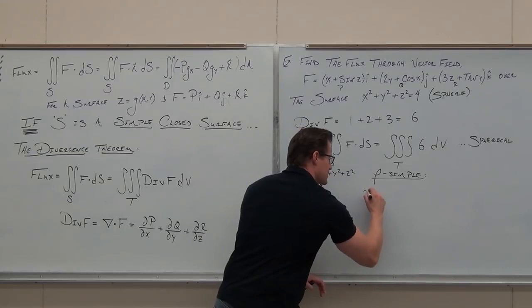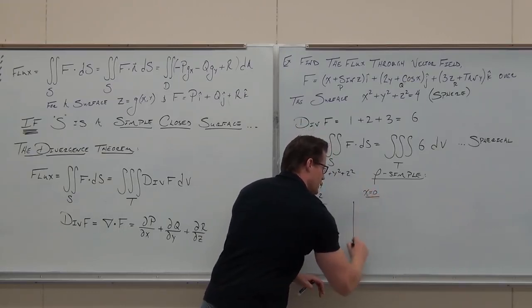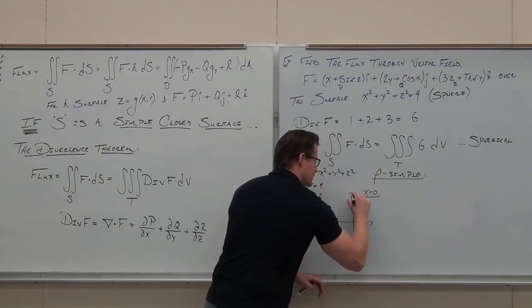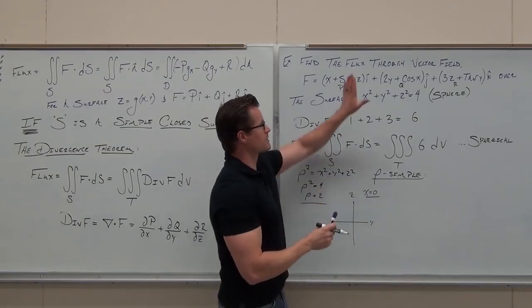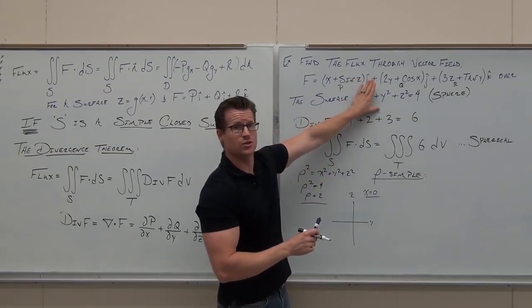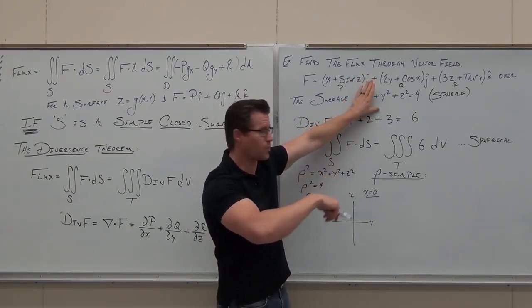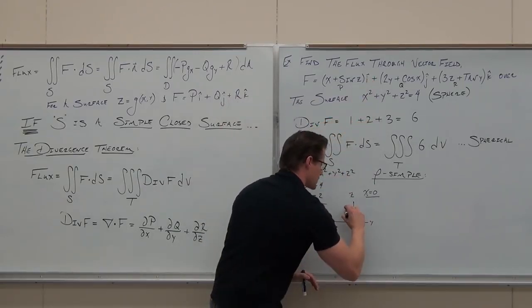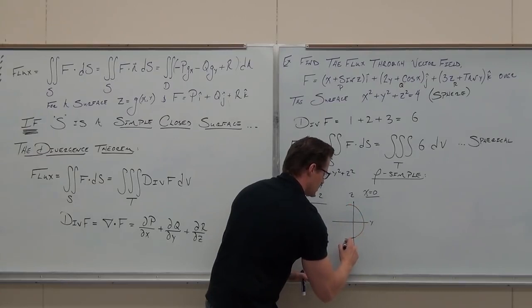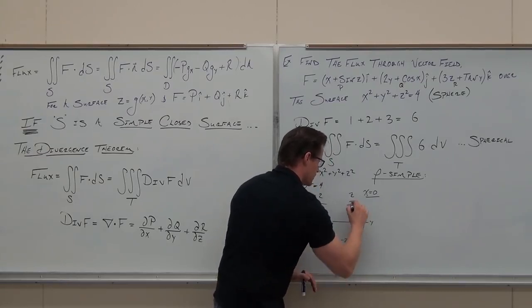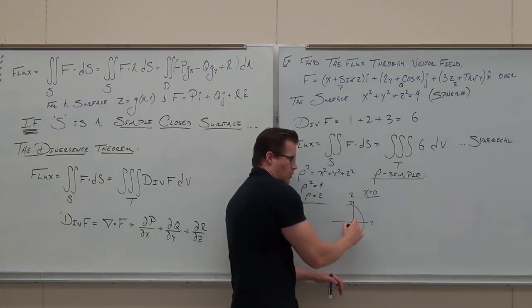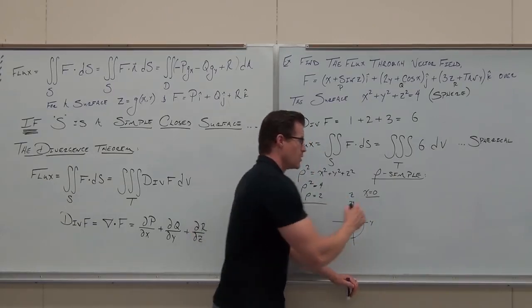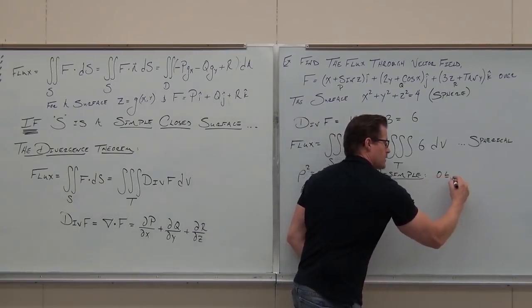If I set x equal to 0, that's just a circle. That's the trace on the YZ plane. Is this making sense to you? It looks like this. Rho is the thing that goes from the origin through the region and hits the outside of that ball. So the rho for sure is going from 0 to 2.